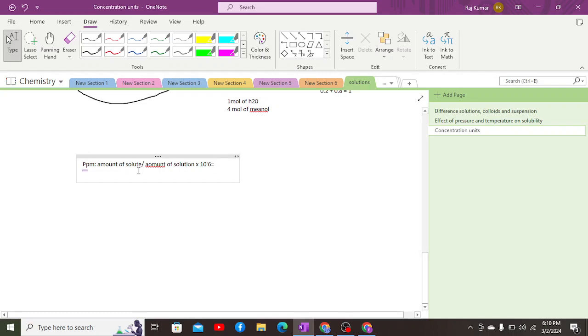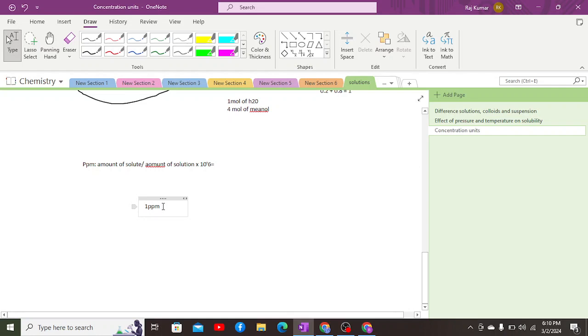Now what does this equation actually signify, what is parts per million? Parts per million basically shows that if we are taking 1 part per million, it showcases that out of 1 million molecules of the solution, there is presence of 1 molecule of the solute.